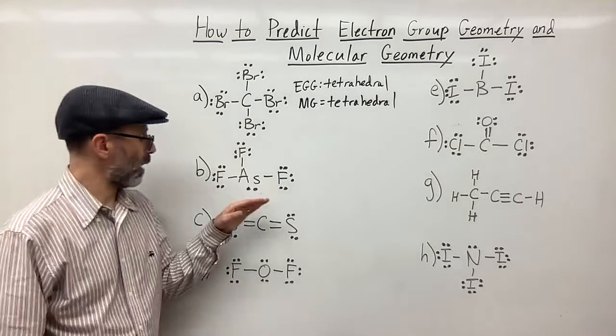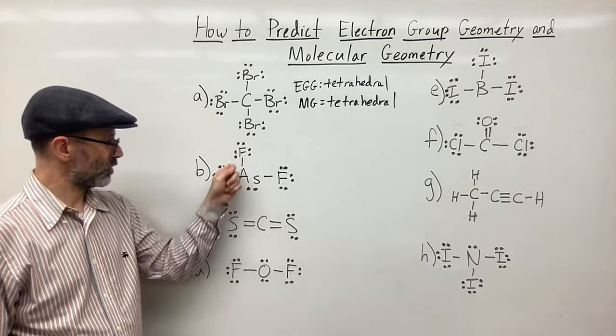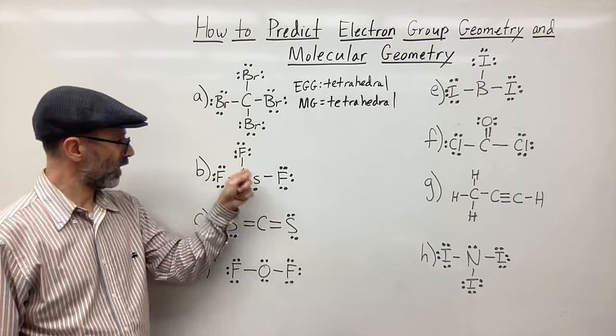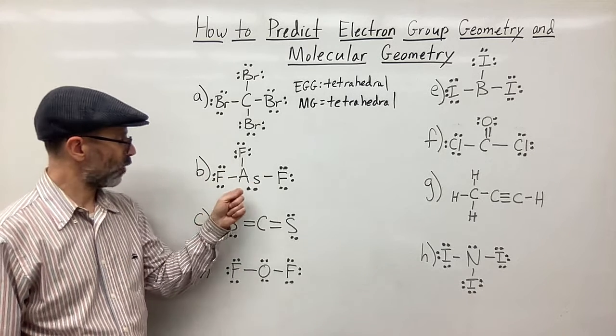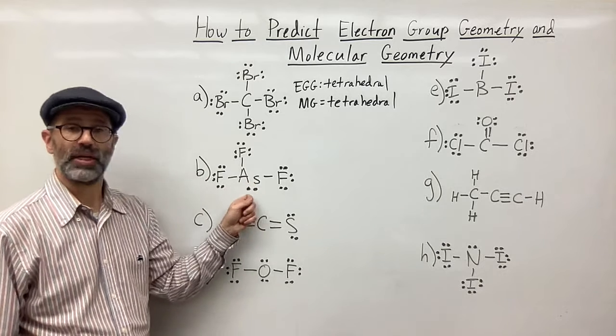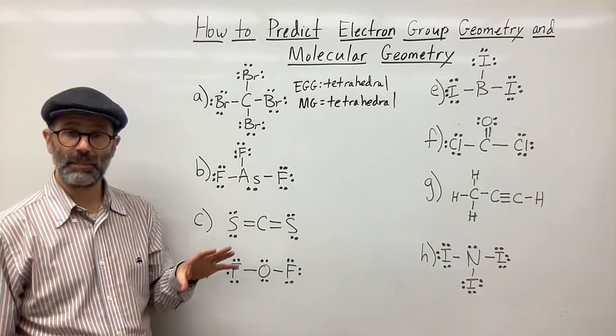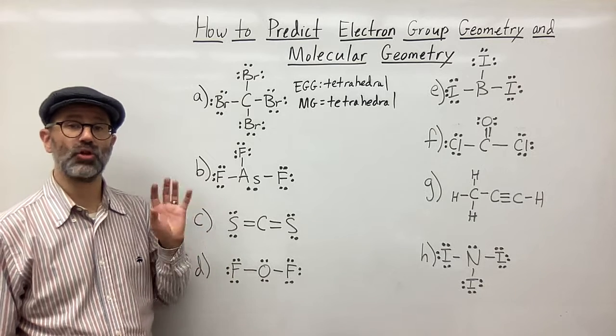Okay, so what about B? We have this molecule here. Notice again, the AS, our central atom, has 3 bonding groups and 1 lone pair. So the total number of electron groups is 4 again. So again, your electron group geometry is based only on the total number.